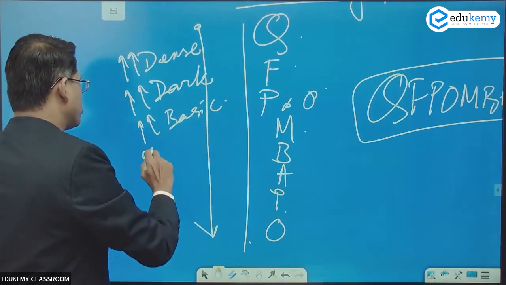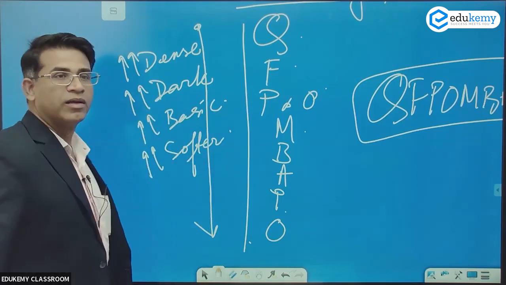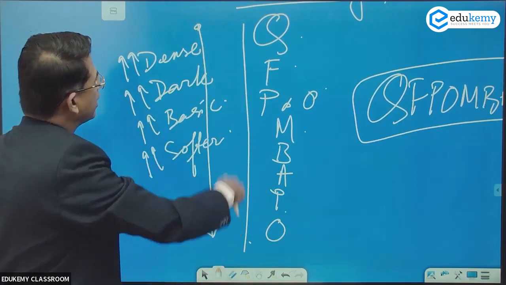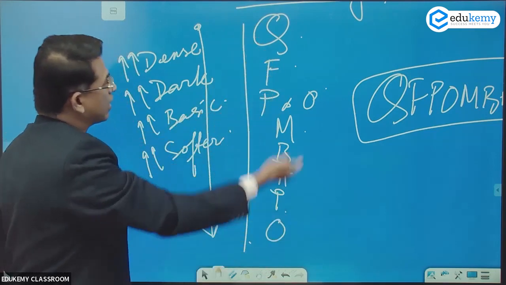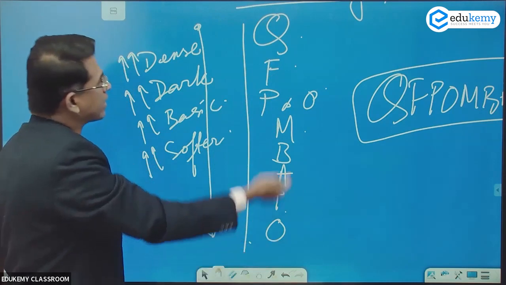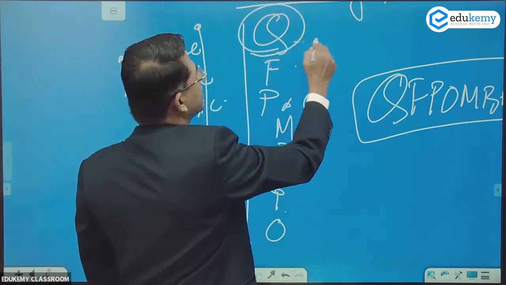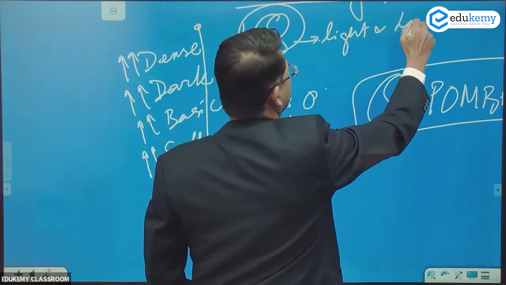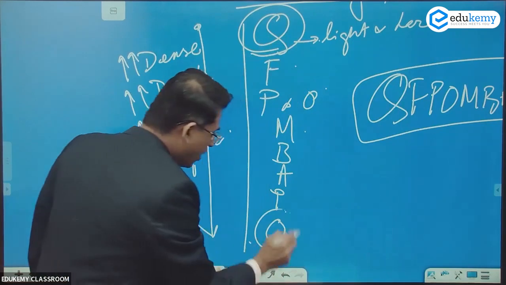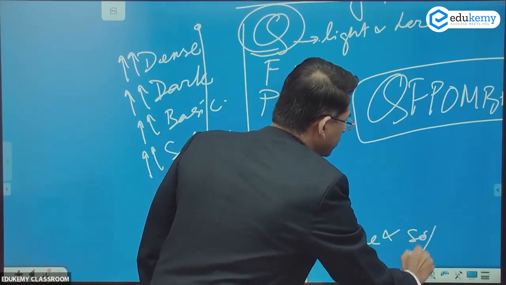It becomes more soft. Quartz is light and hard, whereas olivine is dense and soft.